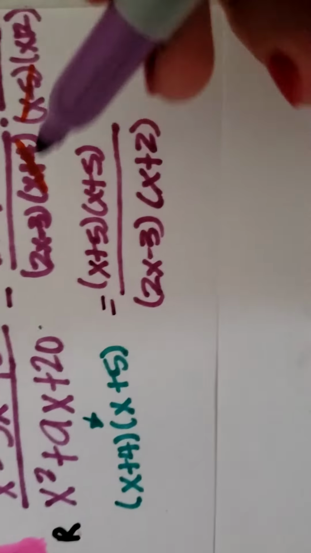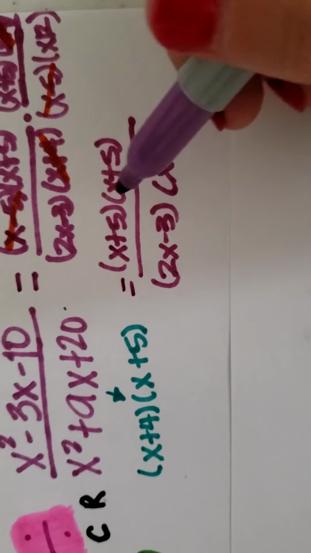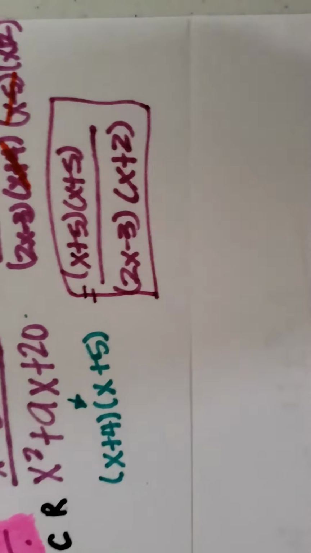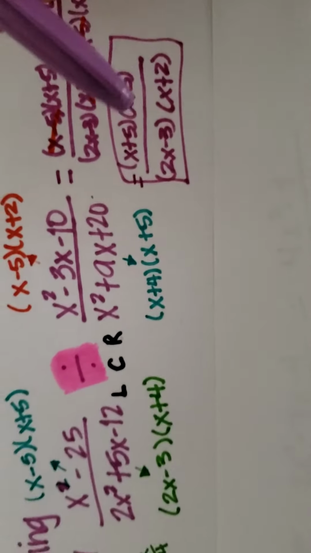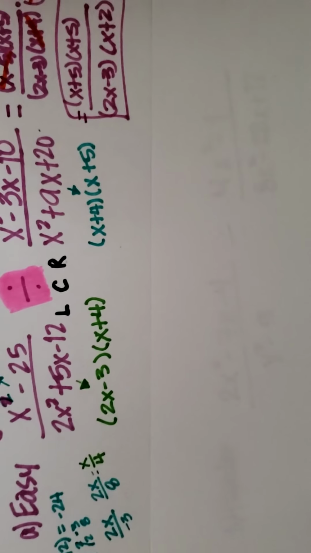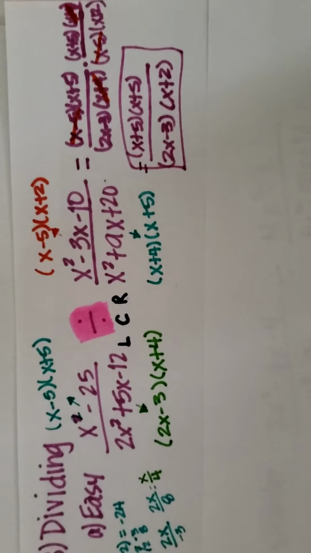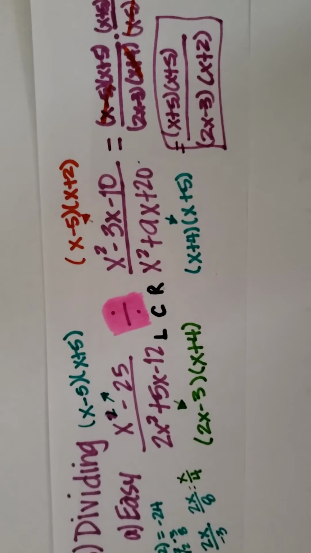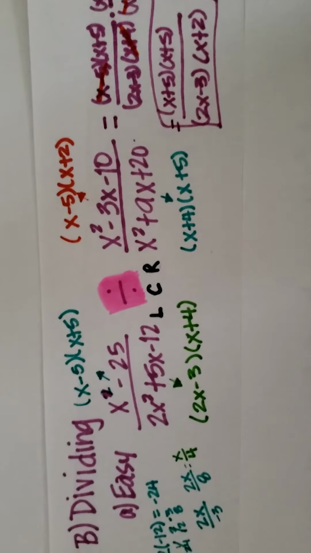And do we have anything else that can cancel out between numerator and denominator? No, that is our simplified form of that one. So division is one step more than what our multiplying is, but it still uses the same basic rules. Factor, factor, factor, then cancel out, reduce whatever you can, combine.